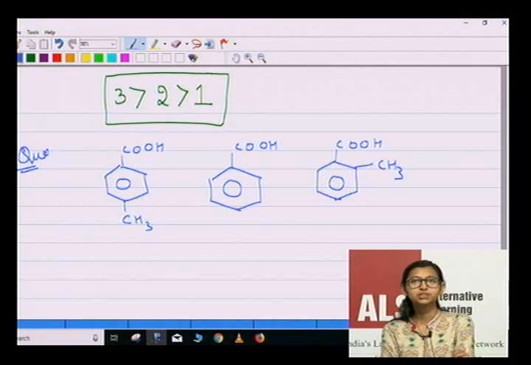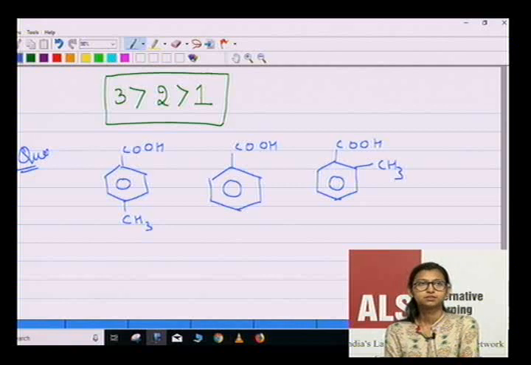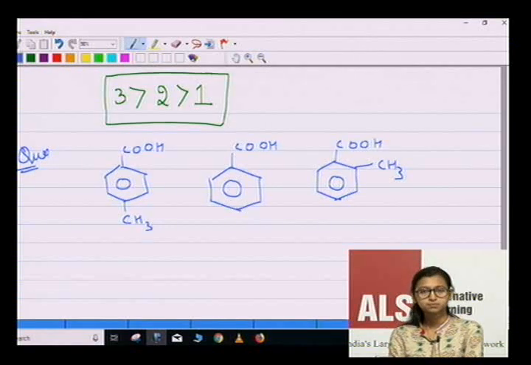What is the answer? Methyl, what type of group is methyl? Methyl gives the electrons. It's an electron releasing group.